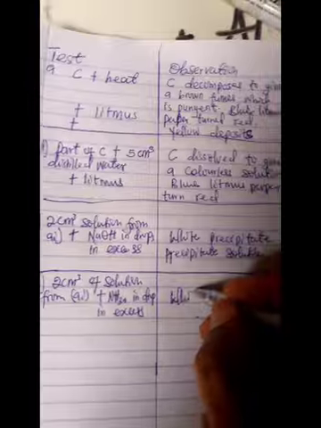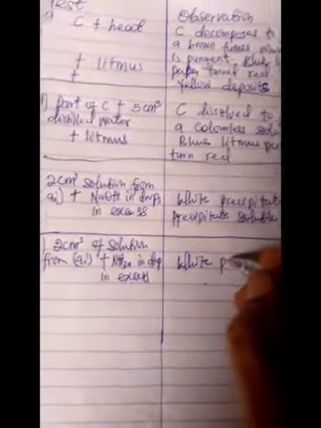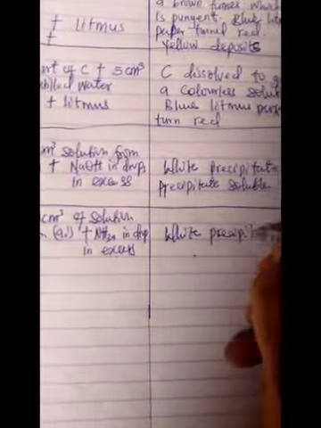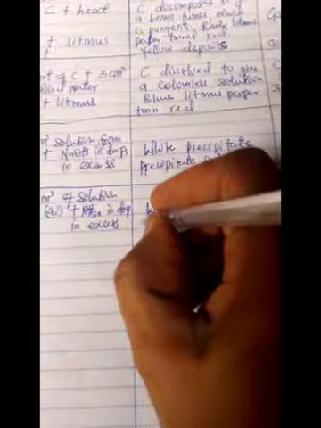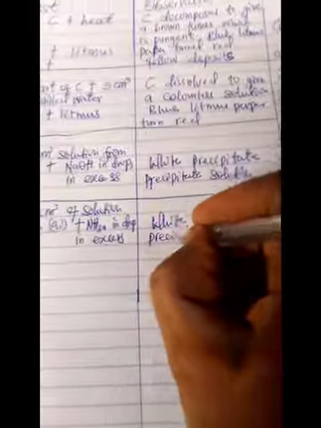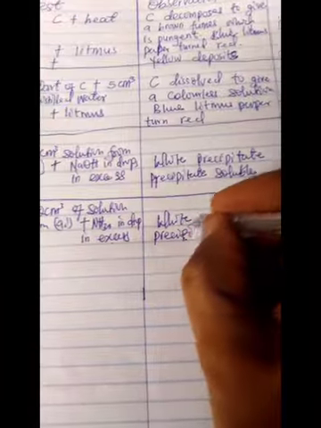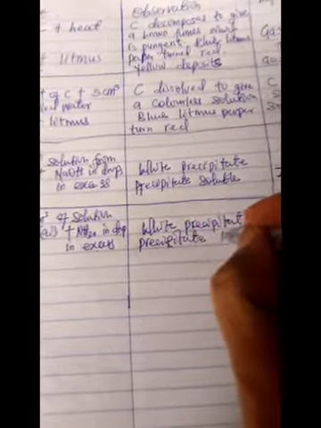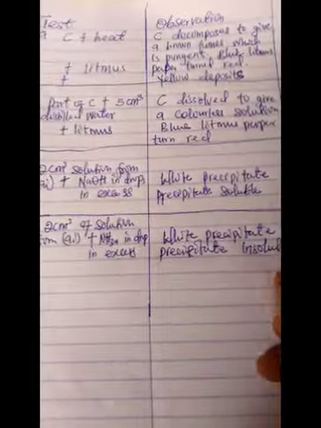So in drops, we still had white precipitate. Then in SS, what did we observe? Precipitate did not dissolve. Precipitate insoluble. That was what we observed.